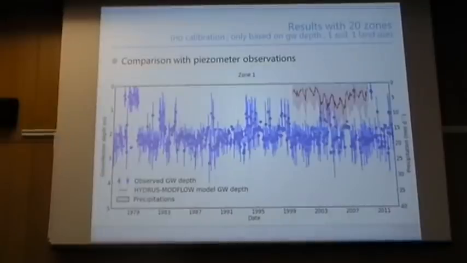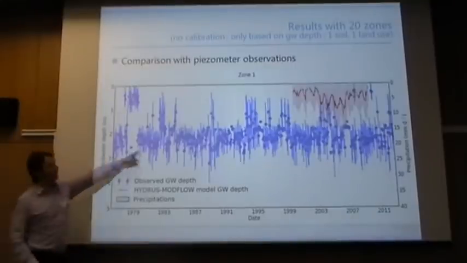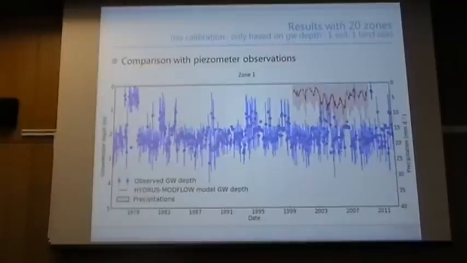So here you see for zone 1, the shallow groundwater table, measured groundwater depths during almost 30 years, and our simulations. Here you see we are way off the measurements for the reasons I already mentioned.